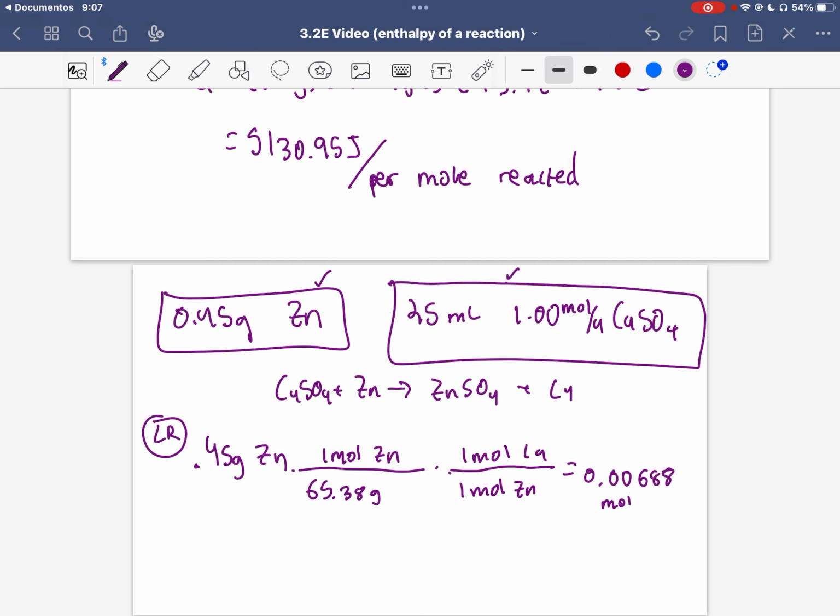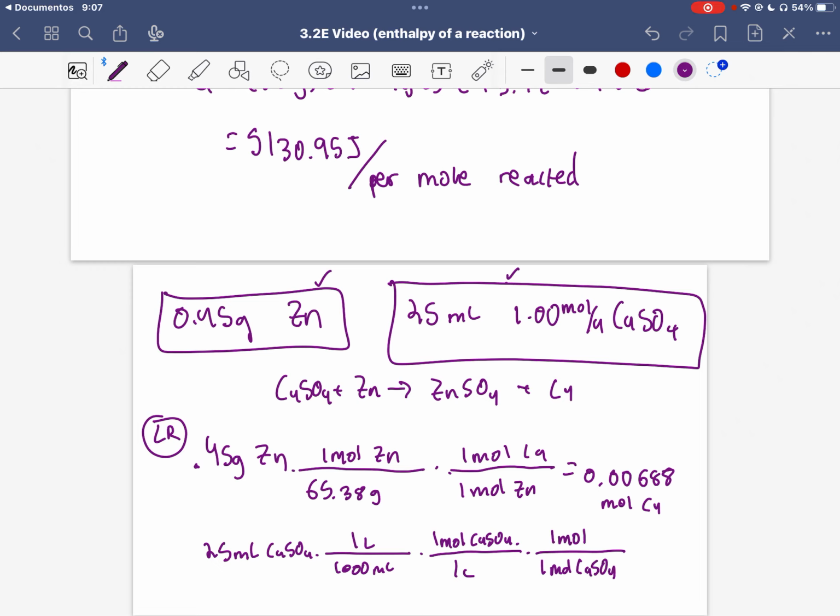0.00688 moles of copper. Let's do that same thing for CuSO4: 25 mL times 1 liter per 1,000 mL times 1 mole CuSO4 per liter. I need to choose the same product, 1 mole of copper per 1 mole CuSO4. And so I get 0.025.